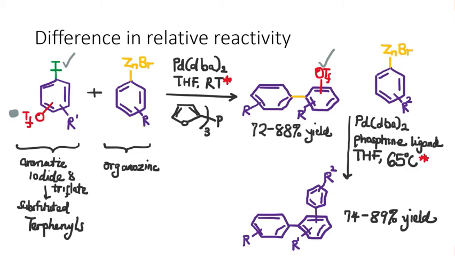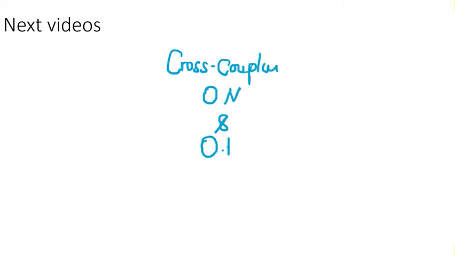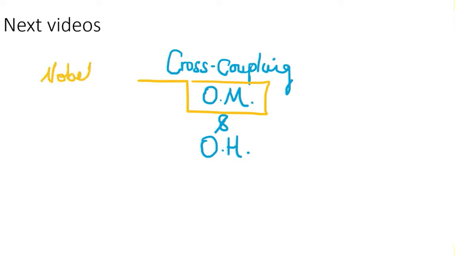So in our next video we're going to focus on 2 reactions that are highly linked to cross coupling, and this is mainly focusing on how this particular reaction has evolved in terms of the organometallic section, and this is highly notable in terms of the Nobel Prize.